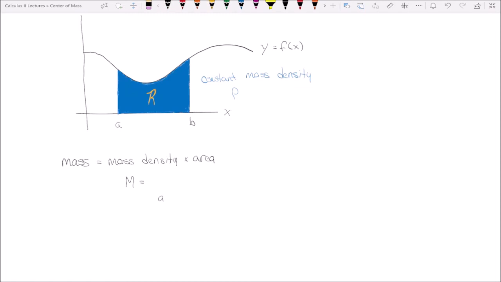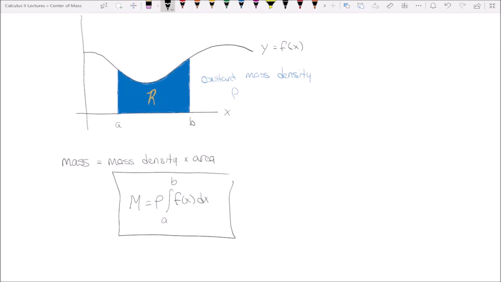And I want more room, so I'm going to rewrite that down here. So there's our mass. We now want to look for the moments of the lamina, rather.